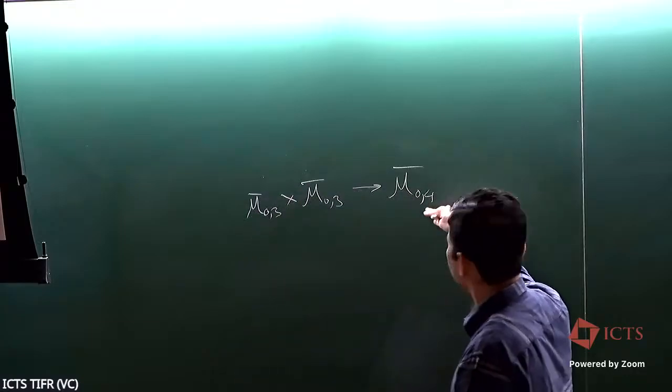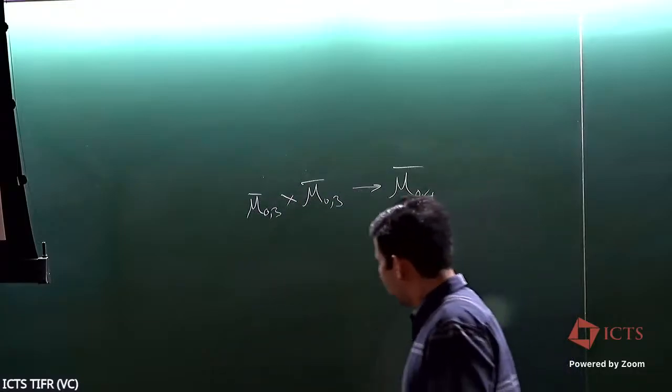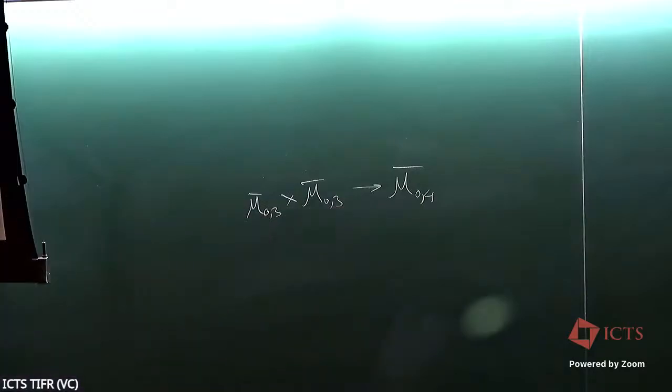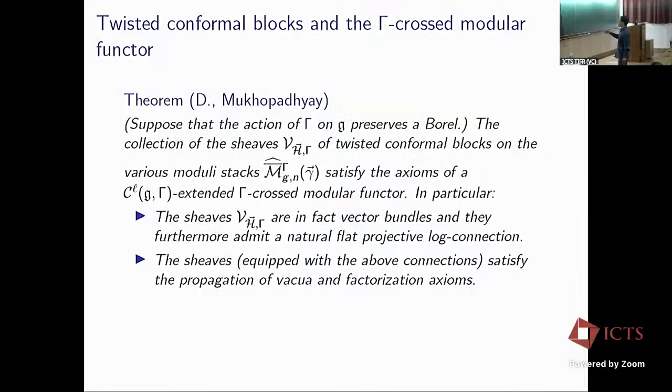You will land in the boundary of M04. The factorization axiom has to do with this: you have some vector bundle here, and its pullback should have a specific form. That's the factorization axiom. And somehow this also has to be compatible with this projective connection.